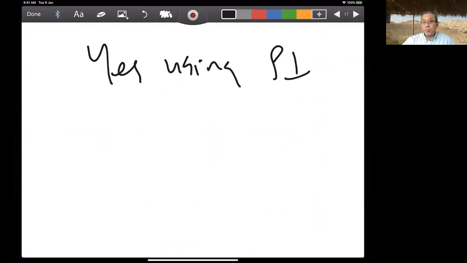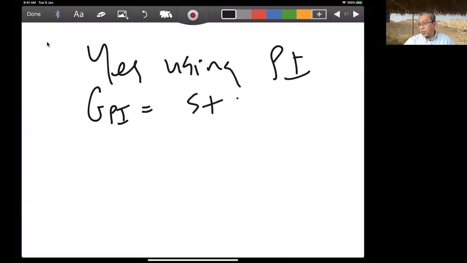Using PI, so GPI, you can choose any number, 0.1, the smallest one.